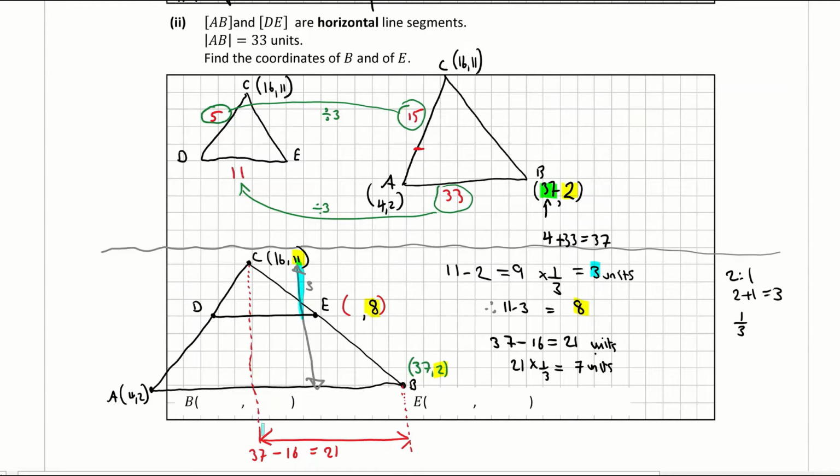I'm starting at 16 and I want to come over 7 units because it's going in the positive direction. So I need to add 7 to 16, which brings me up to 23. So my x is going to be 23. Filling all that information in now, I have B as (37, 2) and E as (23, 8).